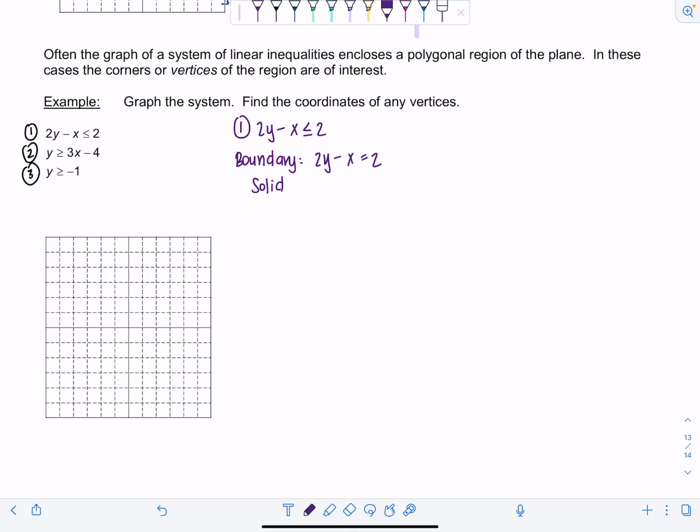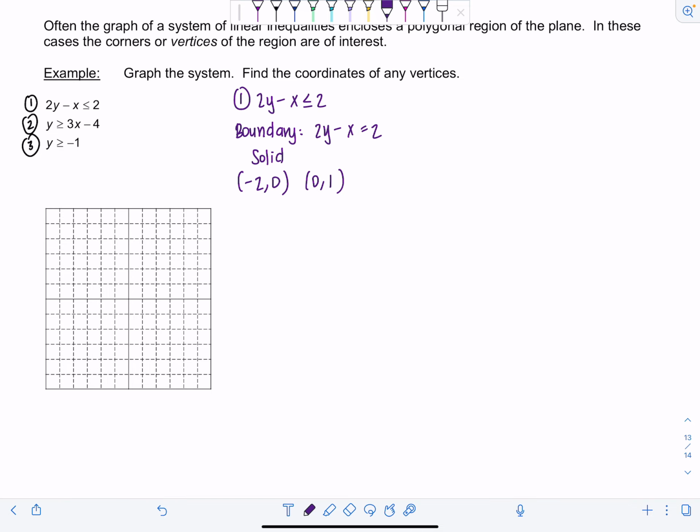Then x is going to be negative 2. So we've got negative 2, 0. And if you plug in 0 for x, you have 2y is 2. So y is 1. Okay, let's plot that. So we've got negative 2, 0, 0, 1. This one's solid.